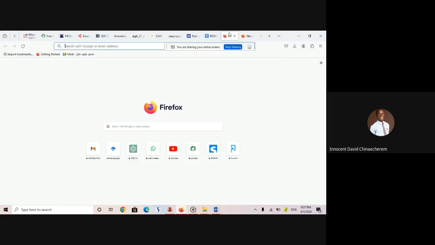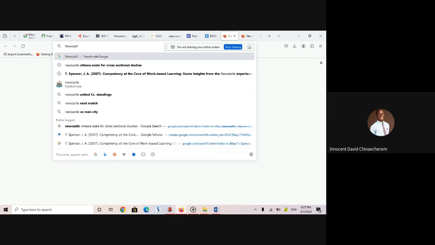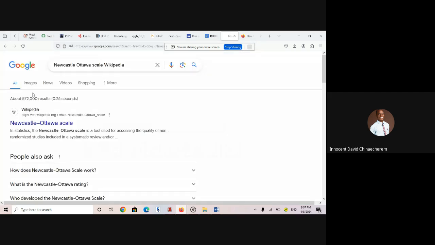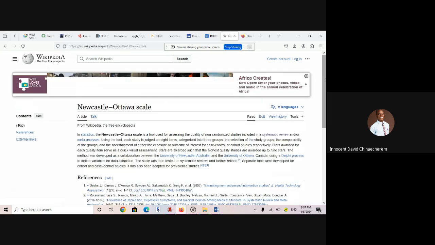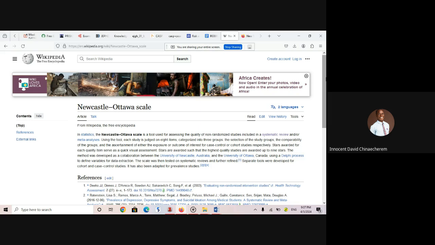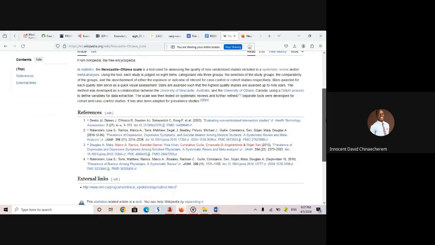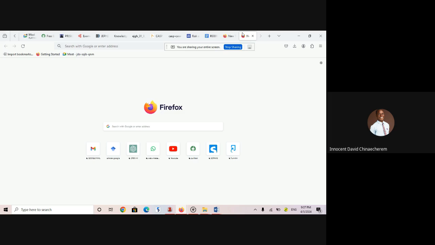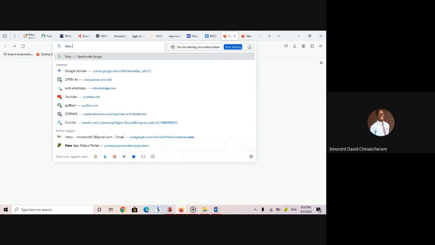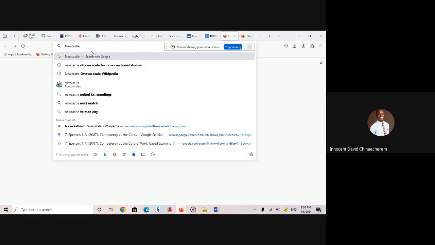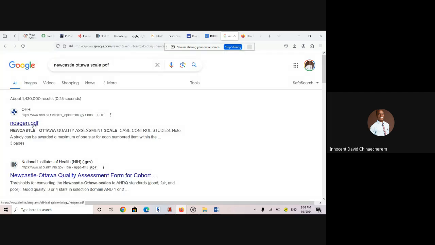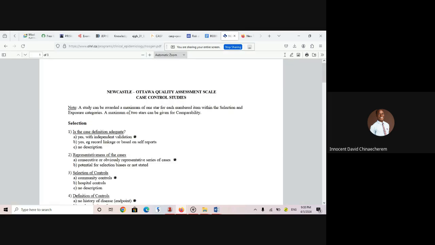Now let us look at a more proper scale, the Newcastle-Ottawa scale.